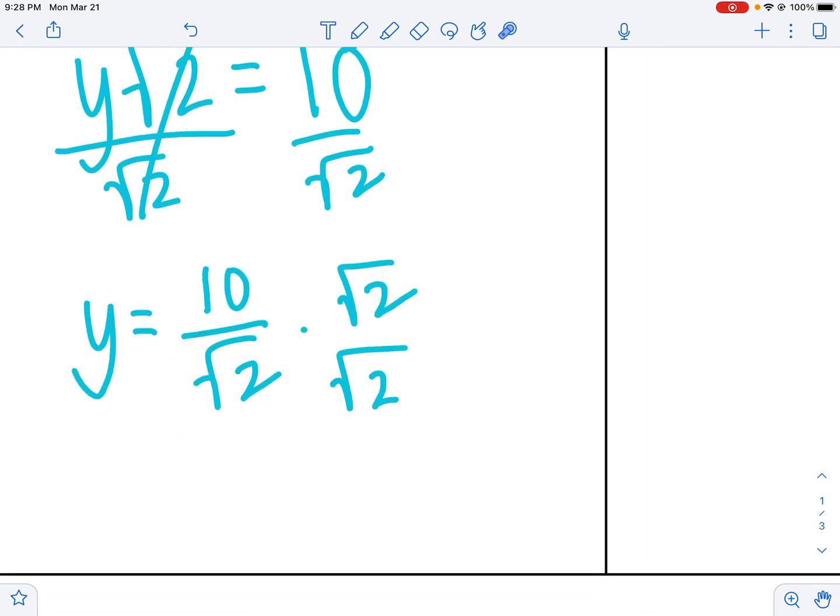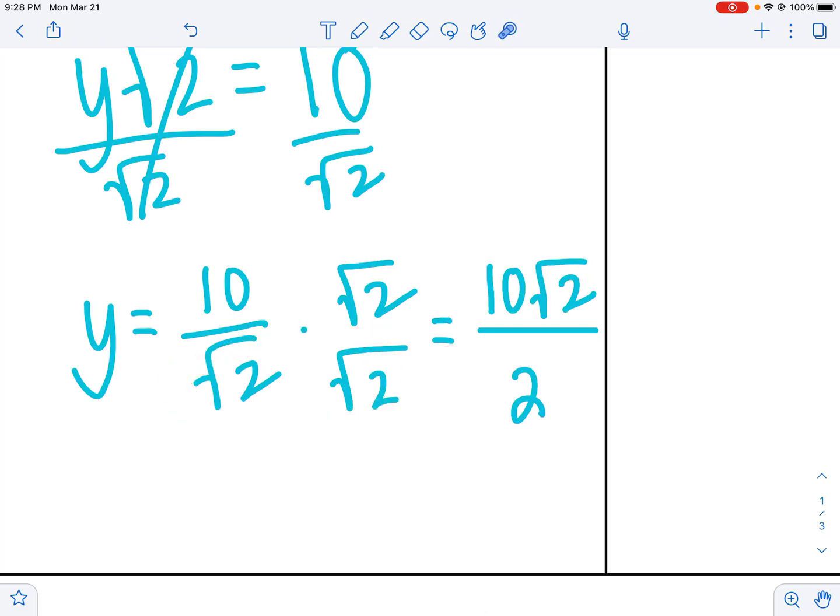So remember that I multiply by whatever I have in the denominator that's giving me trouble. So root 2 times root 2 is just going to become 2. Remember, the roots cancel each other out, so now I have 2 in the denominator, because root 2 times root 2 is just 2. And then my numerator is going to be 10 times root 2. 10's out, so it's going to stay out, and root 2's in, so it stays in. So now I've simplified it.